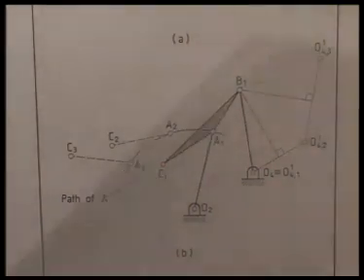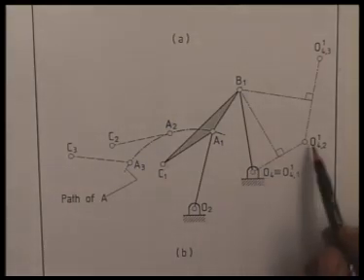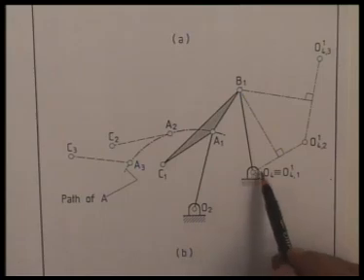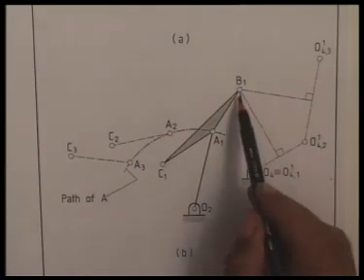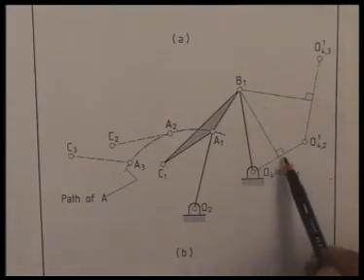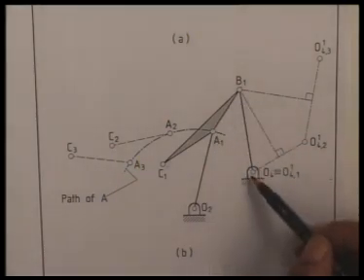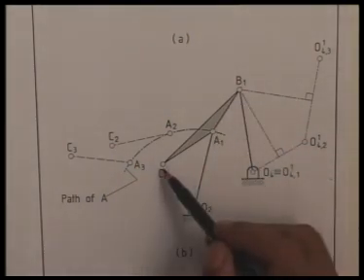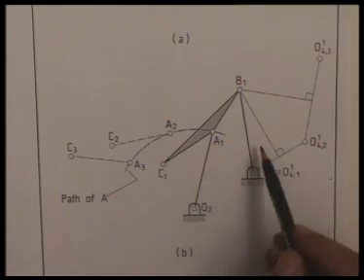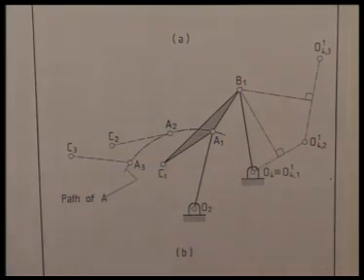So I hope this is clear how to obtain the inverted positions of O4. And the center of the circle passing through these 3 inverted positions of O4 is at B1, as determined by these 2 perpendicular bisectors. So we design the linkage O2, A1, B1, O4 with C1 as the coupler point, which when moved, C1 passes through C1, C2, C3.